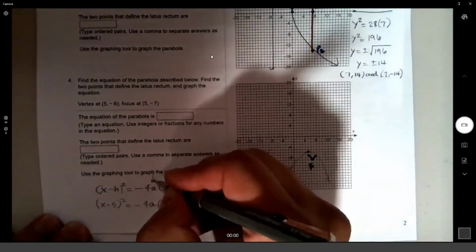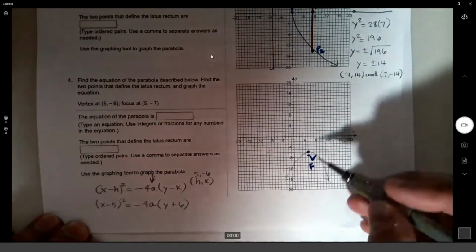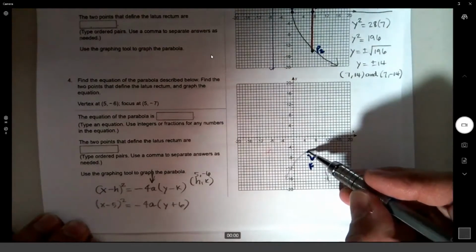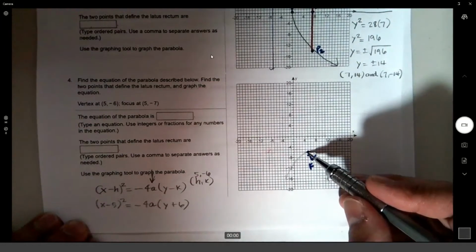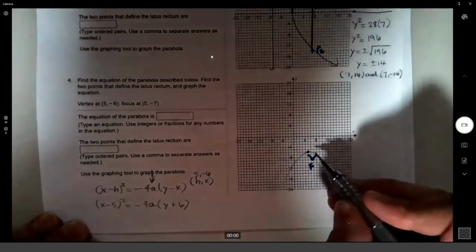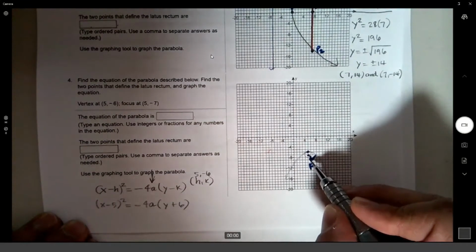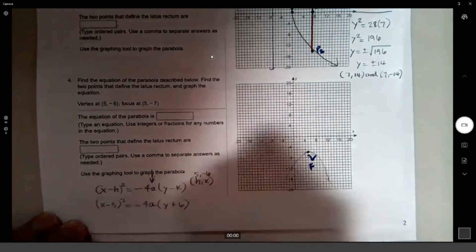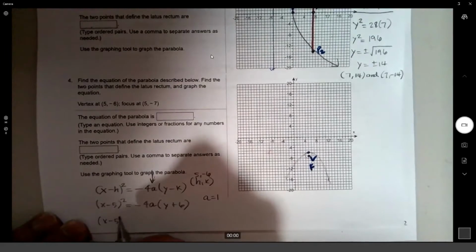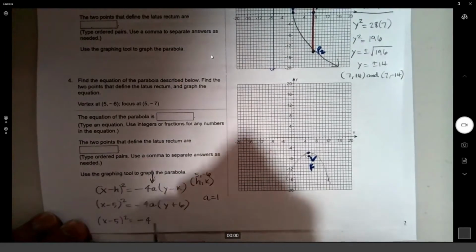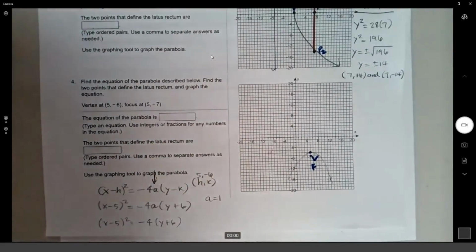Recall that a is the distance, the number of units the focus is away from the vertex, or the number of units that the directrix will be away from the vertex. In this case, I know it's kind of poor to see, but the vertex and the focus are 1 unit away. So a is equal to 1. So negative 4 times y plus 6. That is the equation of our parabola.